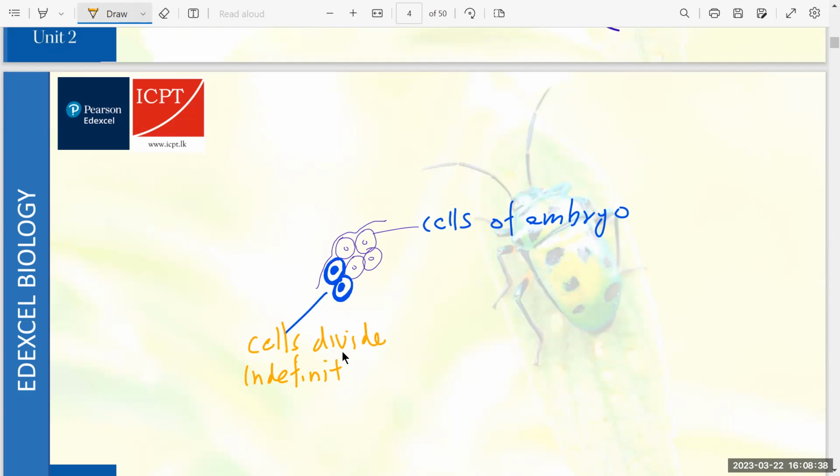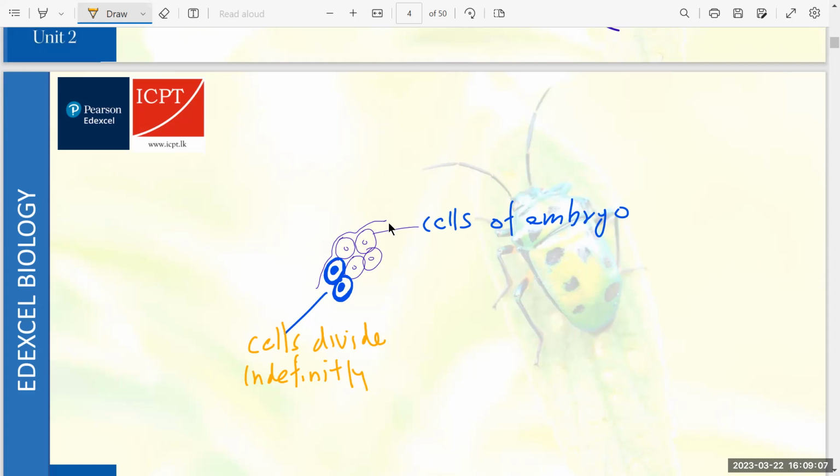The cells are dividing indefinitely. Okay.